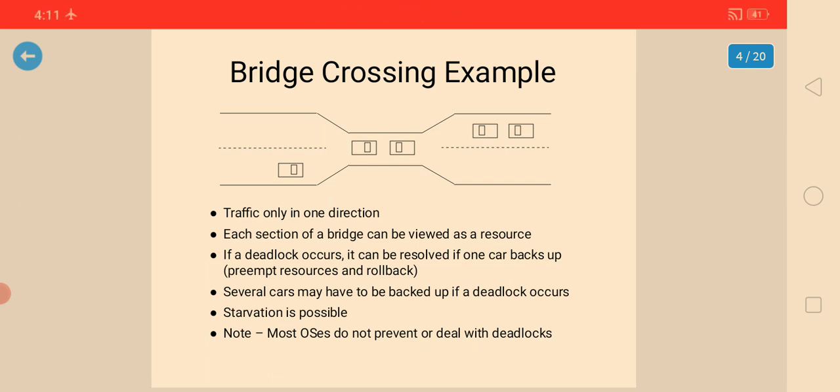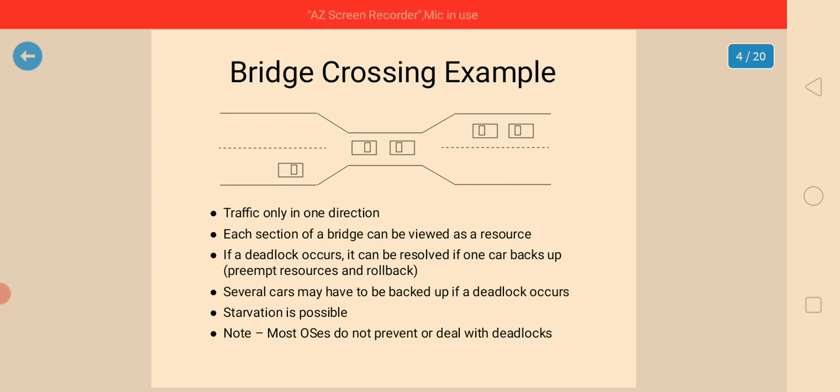So the deadlock is going to happen. Traffic is in only one direction, but both are coming from opposite sides. Each section of the bridge can be viewed as a resource. So these are the resources.